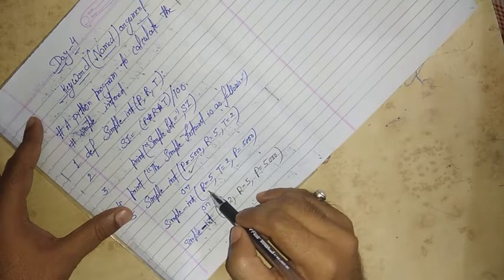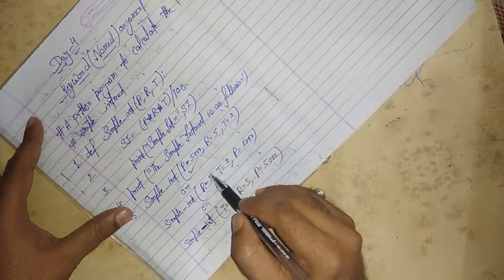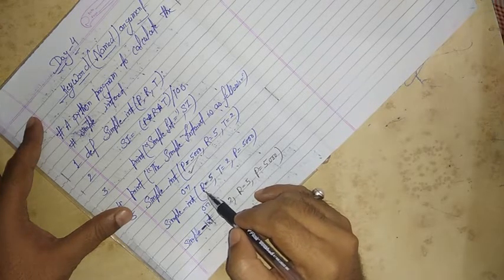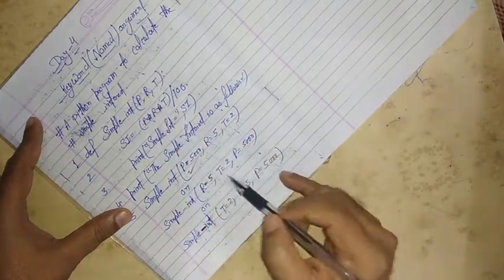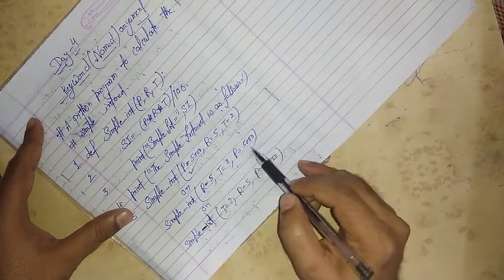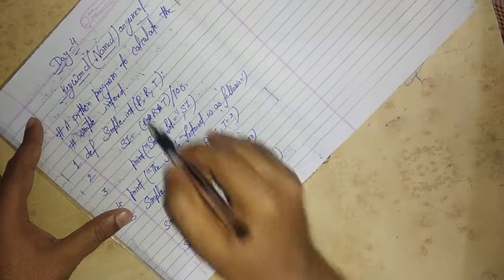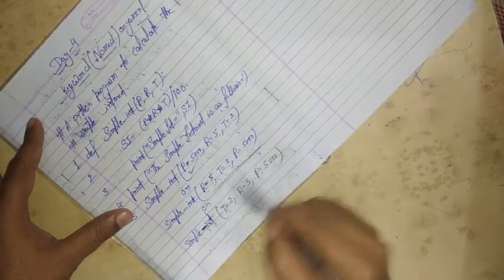Okay, so this is the way, keyword or named argument. So you have provided the argument 5 to r, so this particular argument will go to this parameter. t is equal to 2 will go to this particular parameter t, and p is equal to 5000 will go to this particular parameter p. So here you have changed the order.